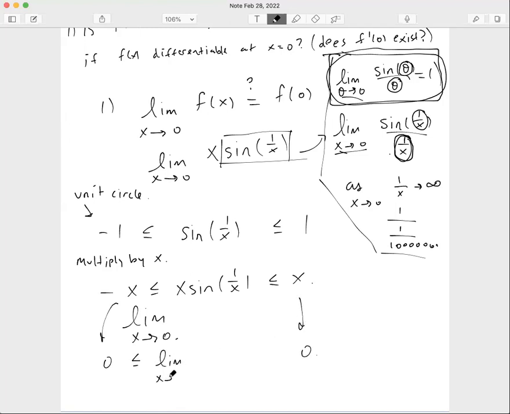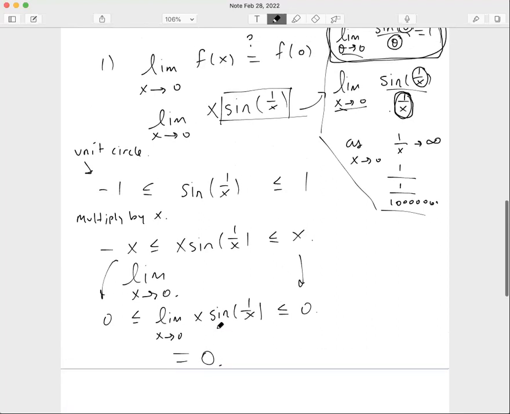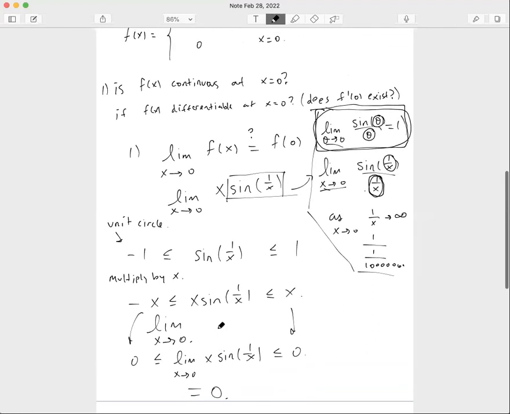So that means, what is our only choice? The limit as x goes to 0 is zero. Notice if you incorrectly used this formula, you would get 1. But if you use the squeeze theorem, which is the correct way of approaching it, you get 0.